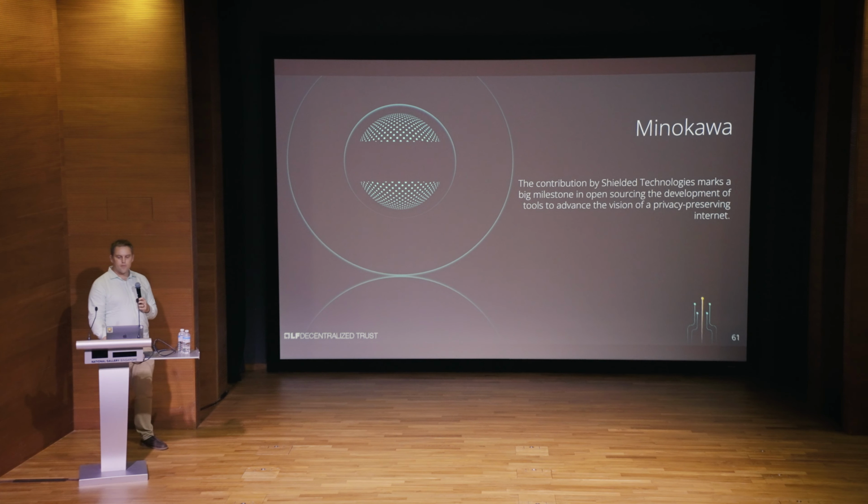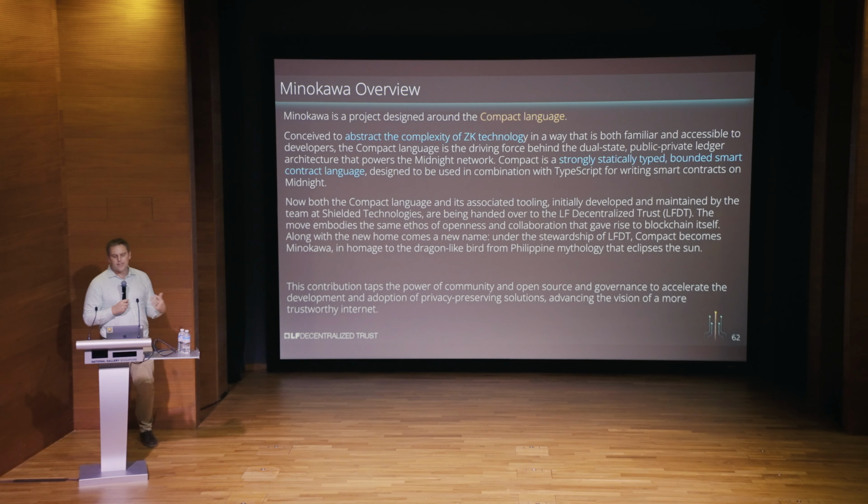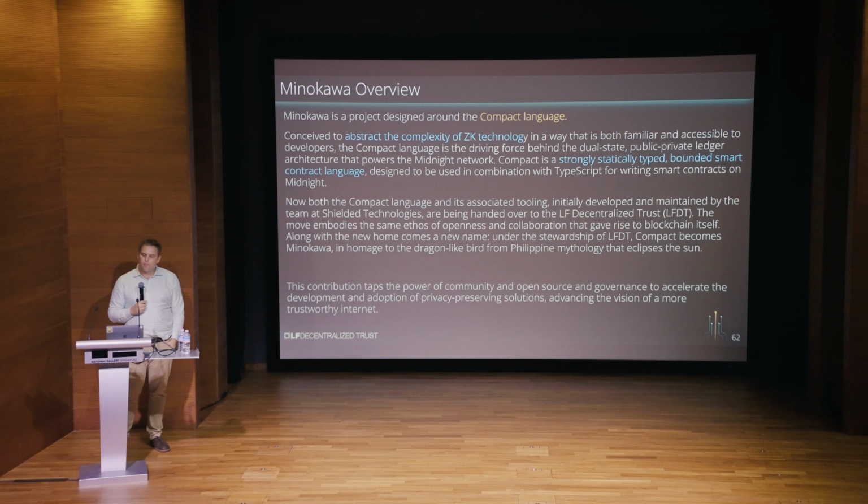Finally, a very recent project called Minokawa. It was contributed by Shielded Technologies. It's designed around the Compact language. Has anybody seen this? There are a bunch of papers from IOG on this. It's very strongly academically supported.